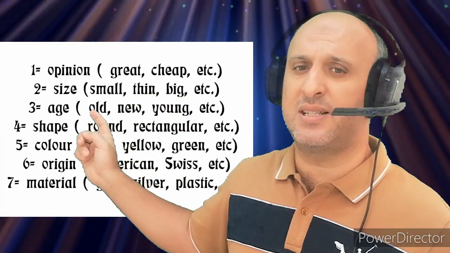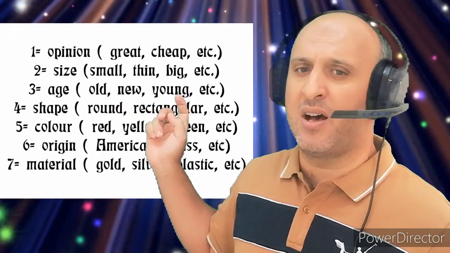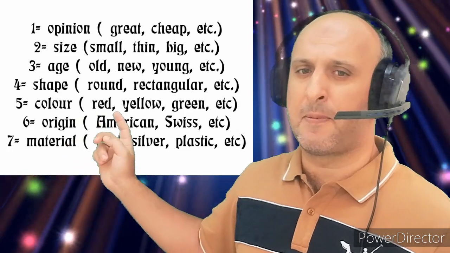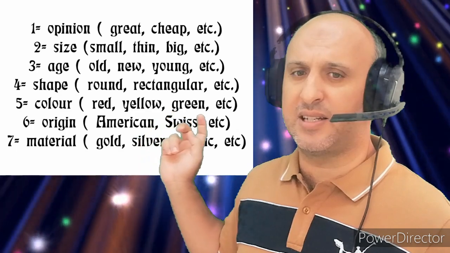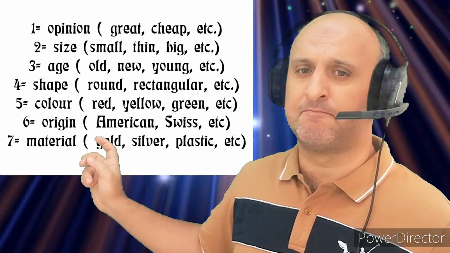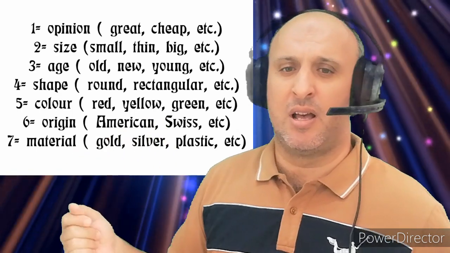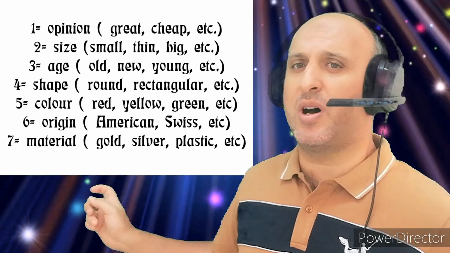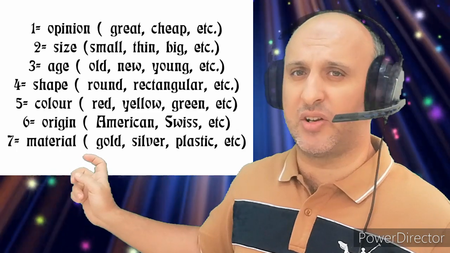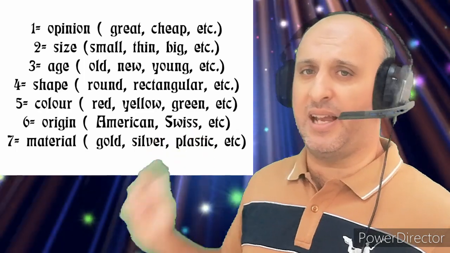The age means old, new, young, etc. Or color. So the color, we can speak about red, yellow, green, etc. Or the origin, such as American, Swiss, Omani, etc. And finally, the material. The material such as gold, silver, plastic, etc.